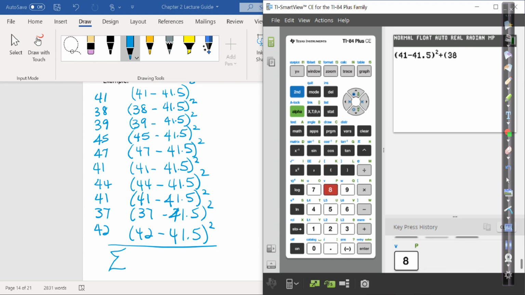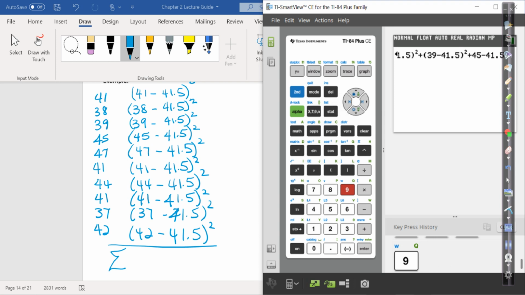Parentheses 38 minus 41.5 squared plus 39 minus 41.5 squared plus 45 minus 41.5.